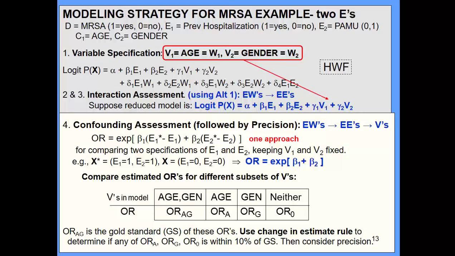Now, here's what I've done. I'm trying to talk about how to consider confounding followed by precision for this situation where you're now left with this model and the two V's are age and gender. Should we drop age or gender or both? Now, one way to do that is to say, well, look, we have two E's. How do we deal with these two E's in deciding about it?